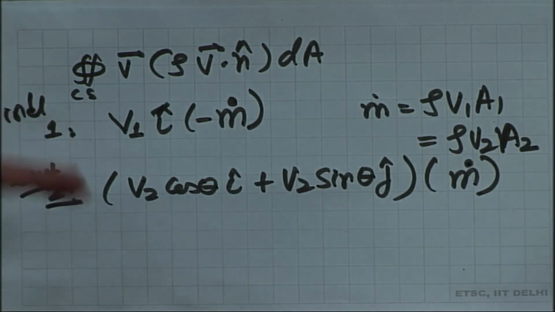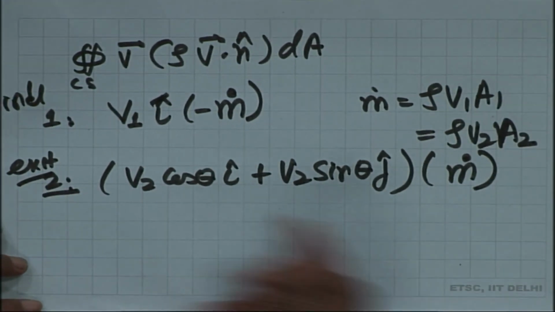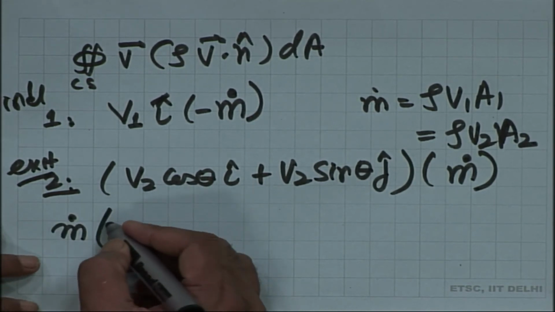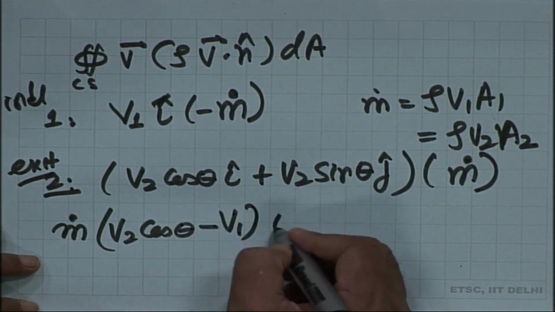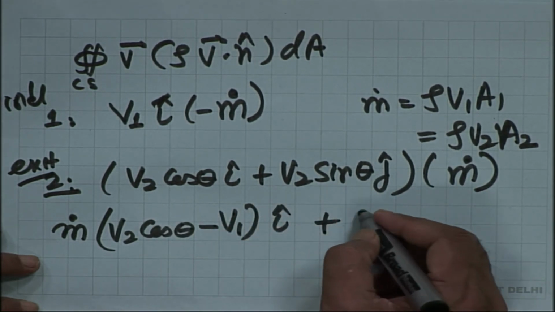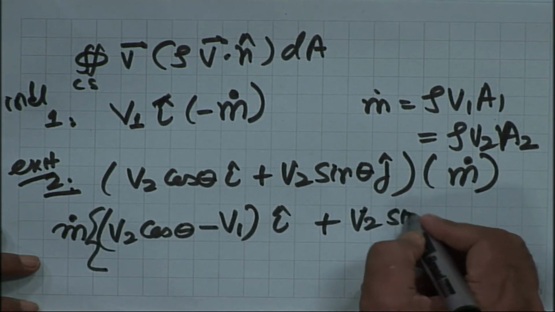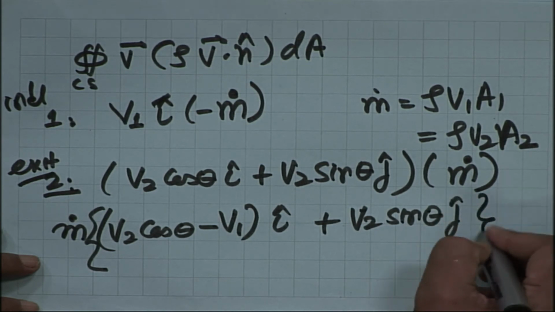And when you add these up, the net sum will be equal to m dot times (V2 cos theta minus V1) i plus V2 sin theta j.